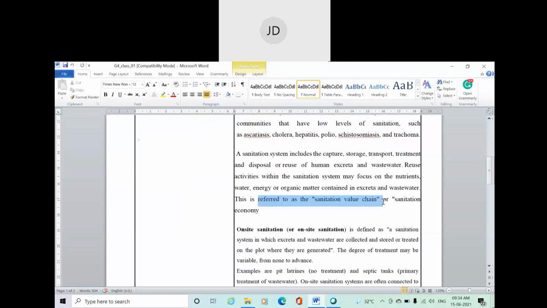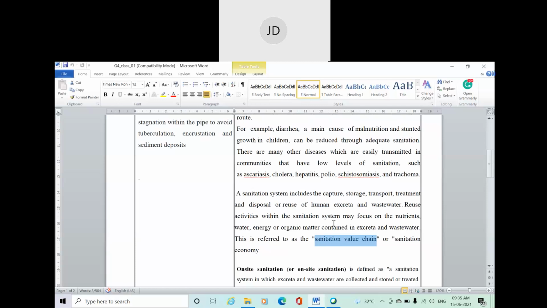So this is a very important term, sanitation value chain. What do you mean by sanitation value chain? Basically, it defines that even the waste matter can be used as recycled matter. Maybe the wastewater can be used for different purposes. Even human excreta can be used as a fertilizer.